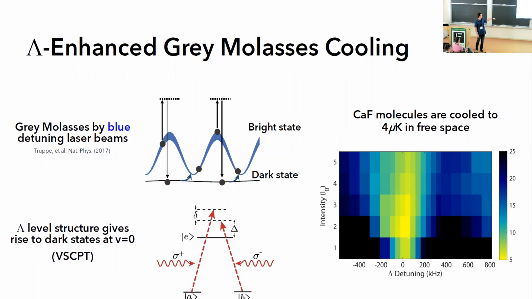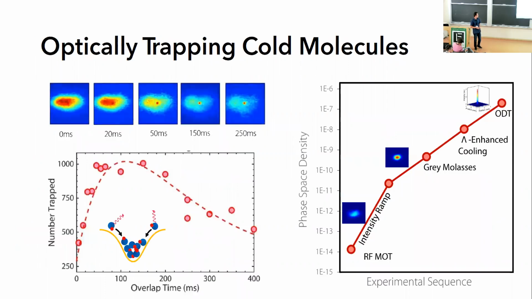We can see that as we tune over this two-photon detuning, we reach a minimum temperature right when we're on resonance with this lambda structure. And here we reach temperatures down to about 4 microkelvin or so, which is about 10 times the recoil limit of the photon.